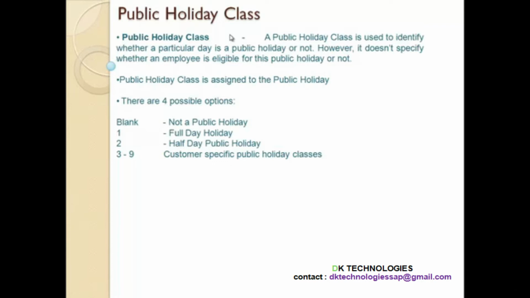That characteristic of the holiday is determined by the public holiday class. There are four possible options given by SAP. This is a small field which shows up in the screen when you try to create a public holiday. I will show you when we do the practical.